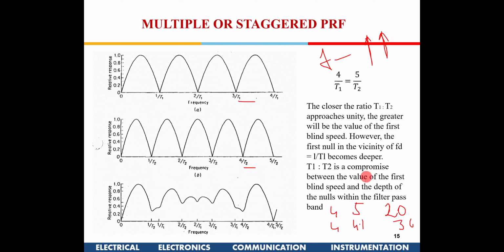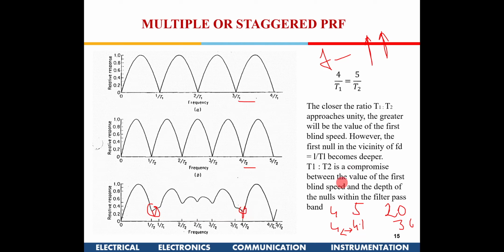But the only problem with having close PRFs in the multiple PRF configuration is that the nulls which are coming will go down and down, and then they could pass through the band pass filter. In the next stage we will have a band pass filter, and this may not be passed by it if the null is coming close to 0.